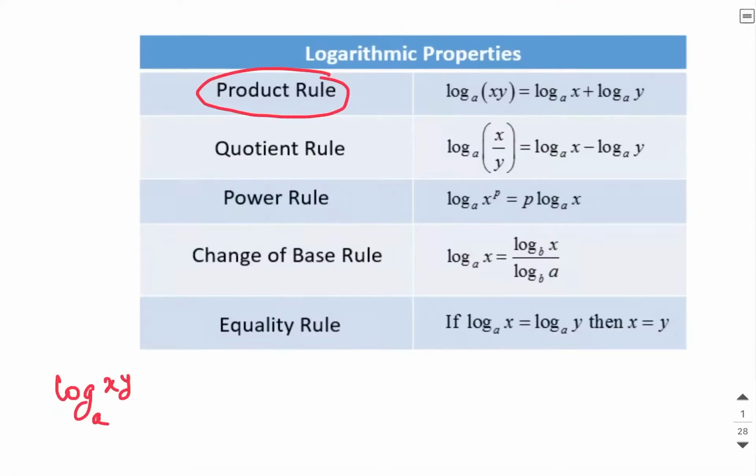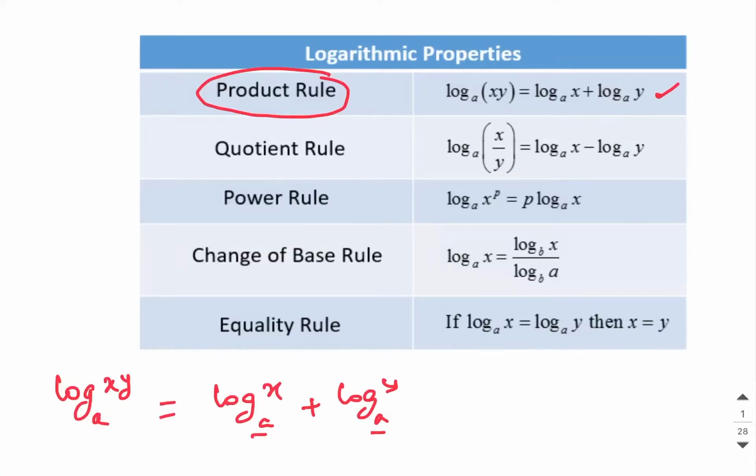We are trying to find the logarithm of the product of two numbers with the base a. This can be written as log of x base a plus log of y base a. The base will not change, but it will be the sum of two individual logarithms. That is what is called the product rule.